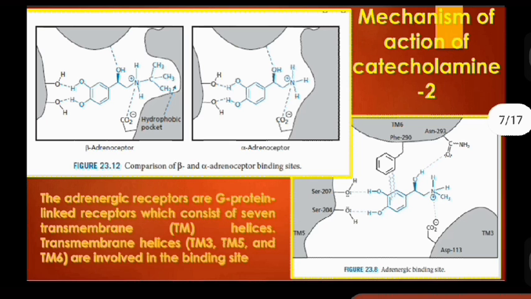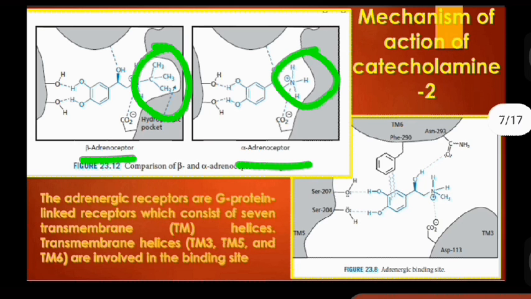Now the same is discussed with alpha selectivity and beta selectivity. To have increased selectivity, a bulkier group is required for the beta receptor, whereas the alpha receptor does not have any bulkier pocket.